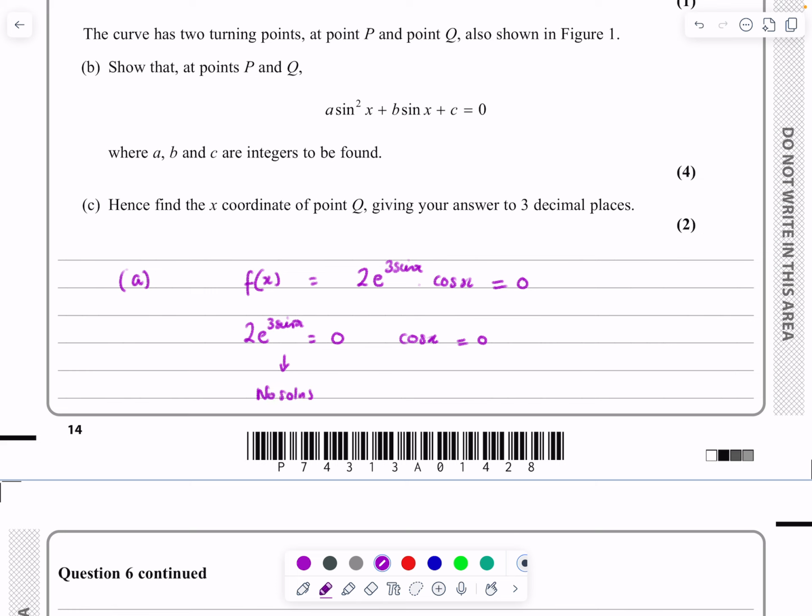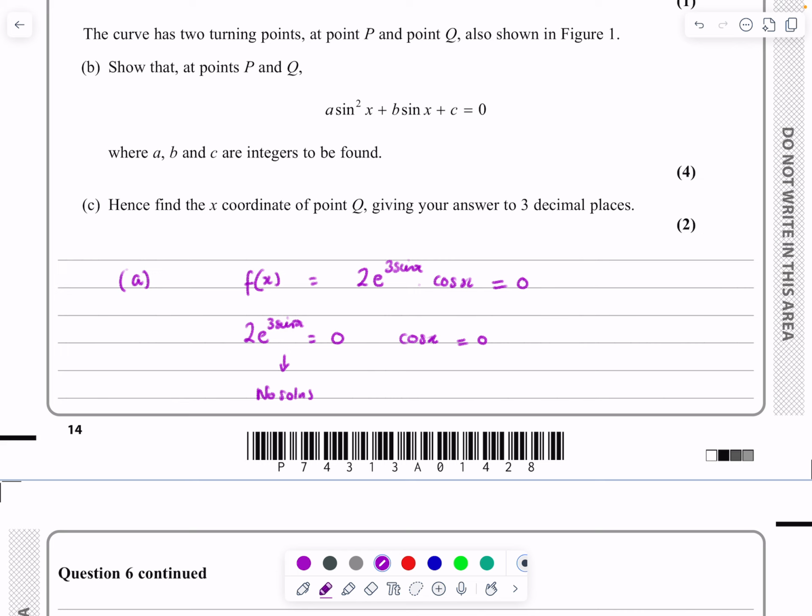Just think really quickly, don't spend any time on it, but what e^x looks like. e^x looks something like that, and it has an asymptote on the x-axis. So that can't possibly be equal to 0. So it just means that we get cos x equals 0.